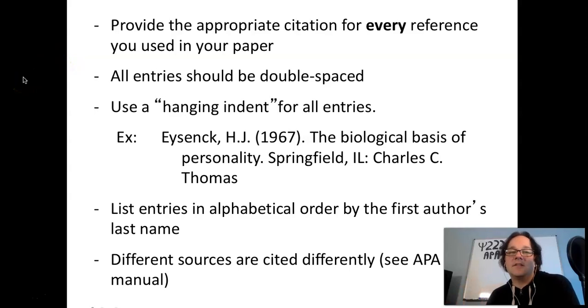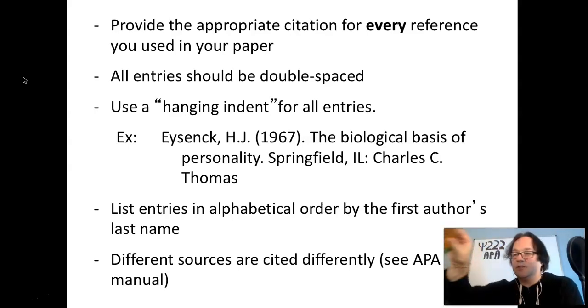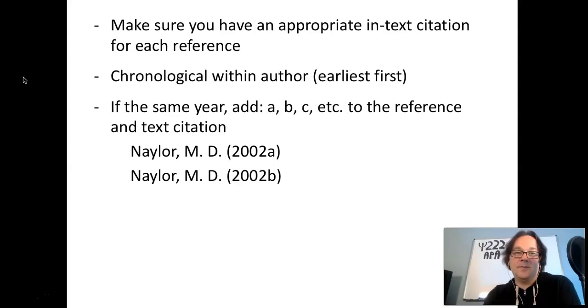We are going to list our entries in alphabetical order by the first author's last name, and as I said, different sources are cited differently, and that's where the APA manual comes into play. And this is where some of those resources I put online will be helpful as well.